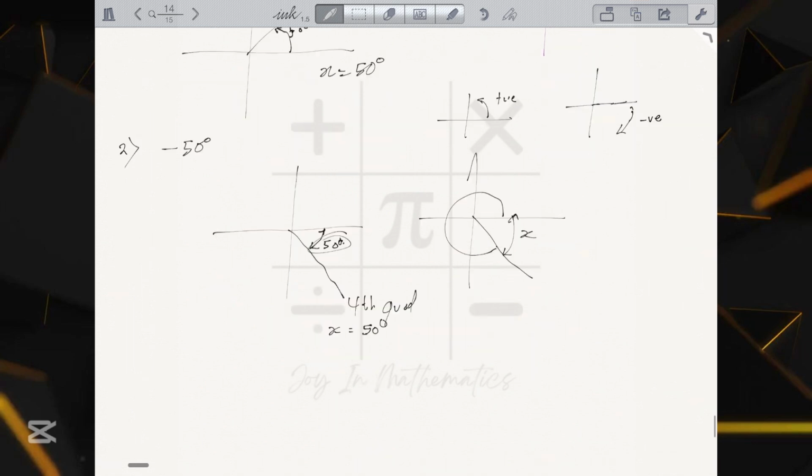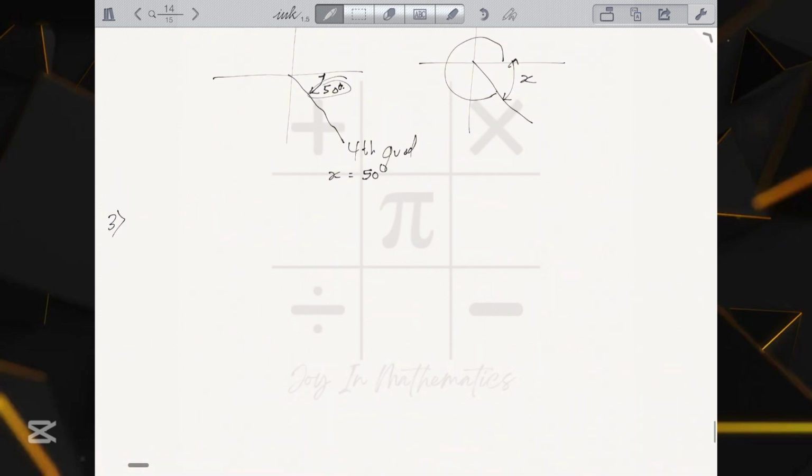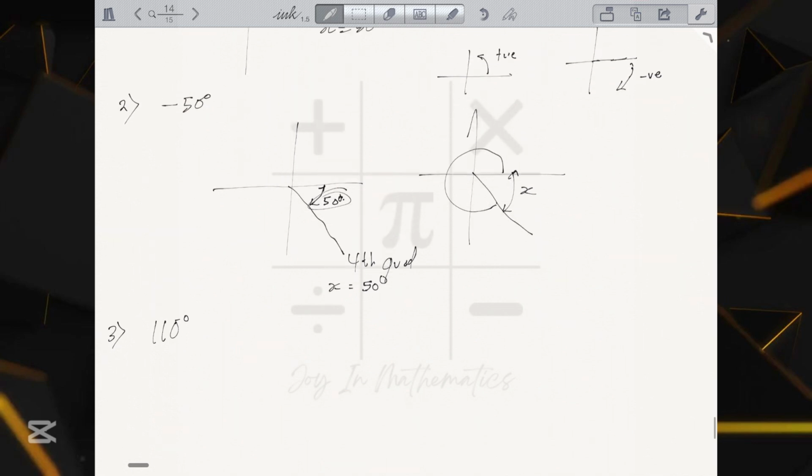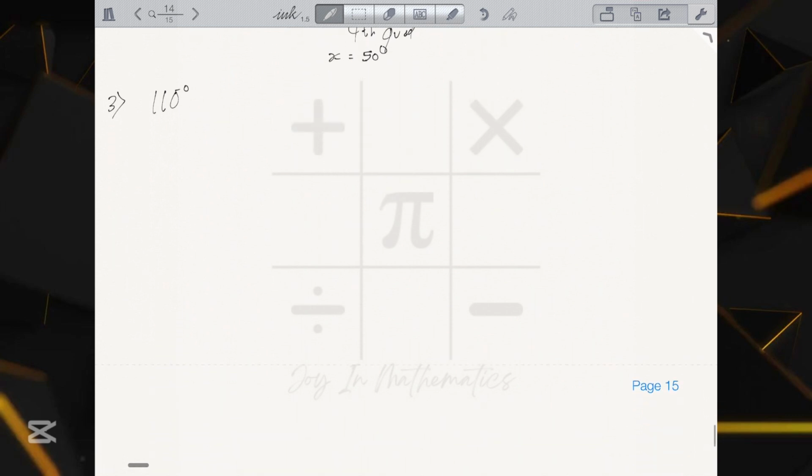Let's move on to question number 3. Question number 3 says 110 degrees. Now, 110 degrees is in which quadrant? And how then do we evaluate the related acute angle equivalent?